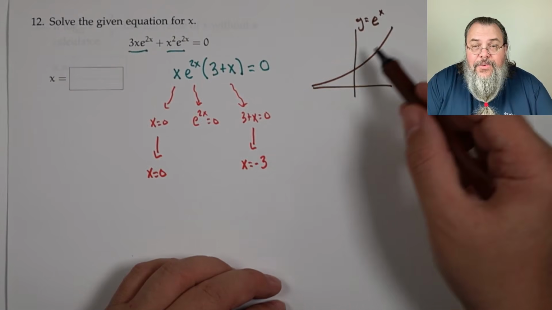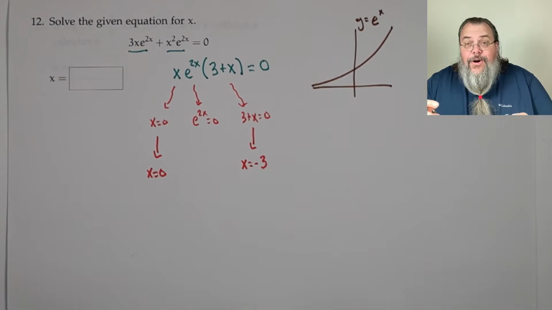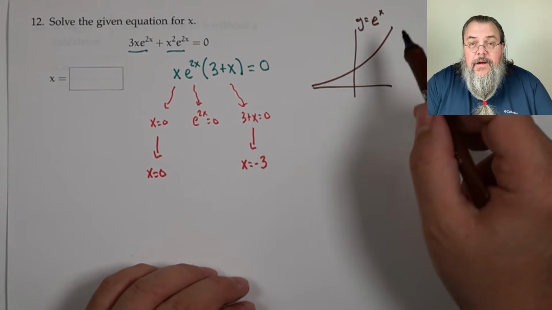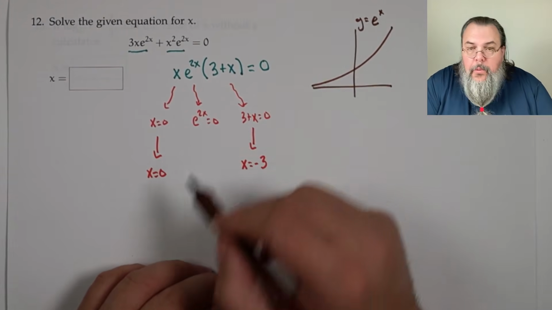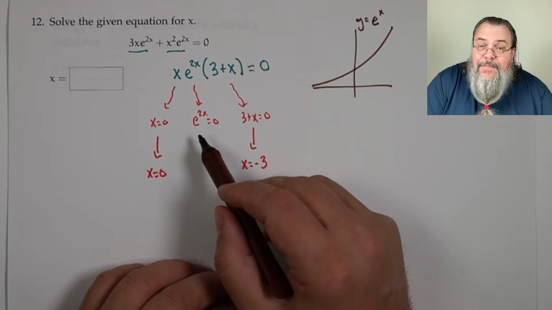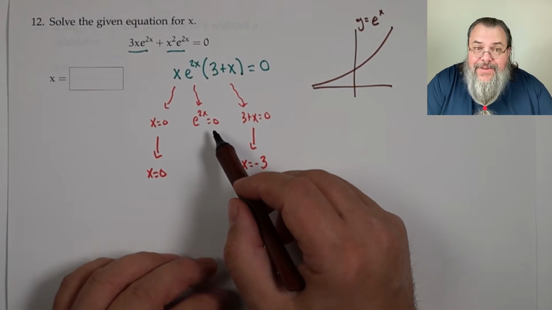It's always positive. It always looks on the positive side of y. So this part can't be 0. An exponential function can never be 0.